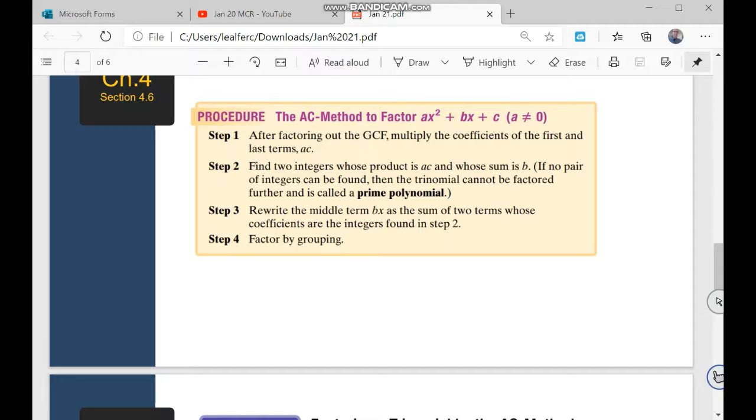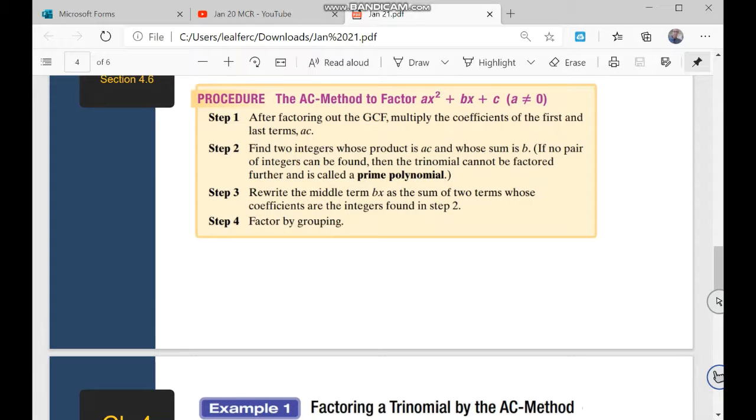Step number 1, after factoring out the greatest common factor, multiply the coefficients of the first term, letter A, and the last term, letter C, A times C. Step number 2, find two integers whose product is AC and whose sum is B. If no pair of integers can be found, then the trinomial cannot be factored.